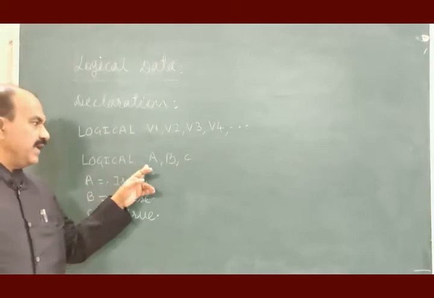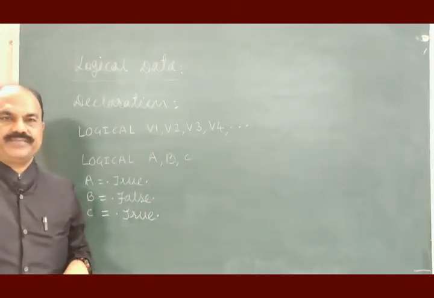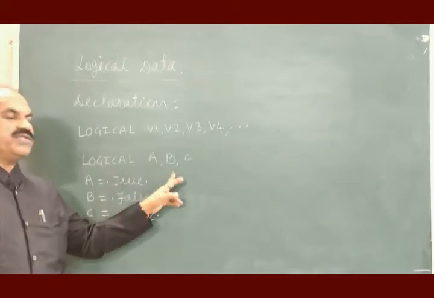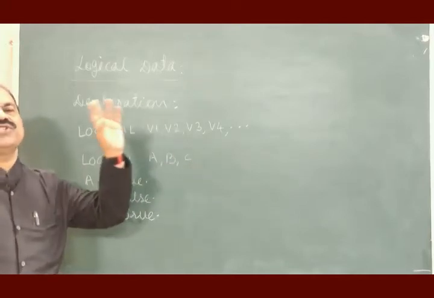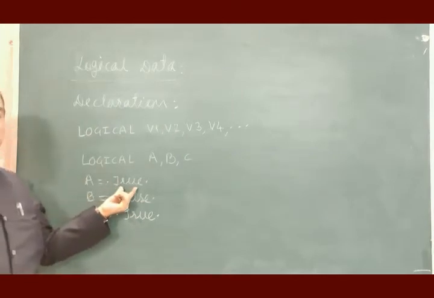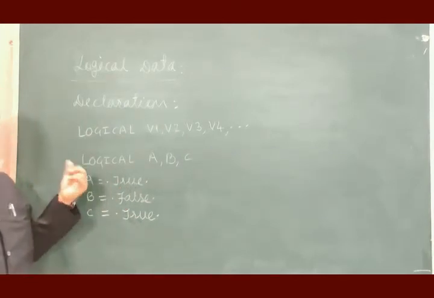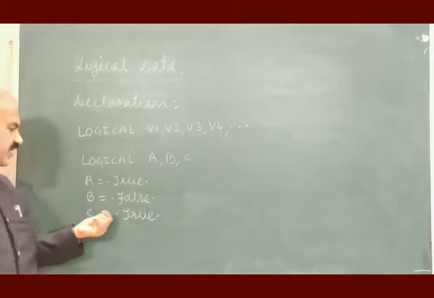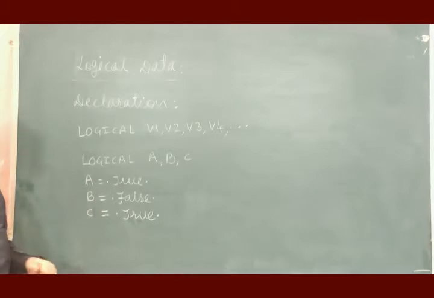logical a comma b comma c. a is a logical variable, b is a logical variable, c is a logical variable. Logical value true is assigned to a. Logical value false is assigned to b.